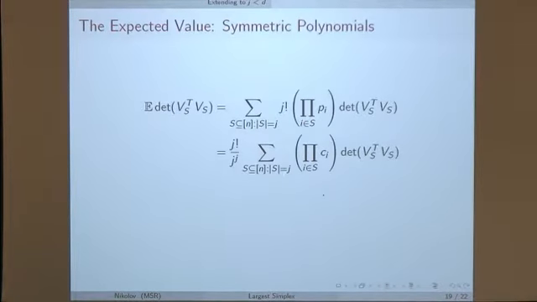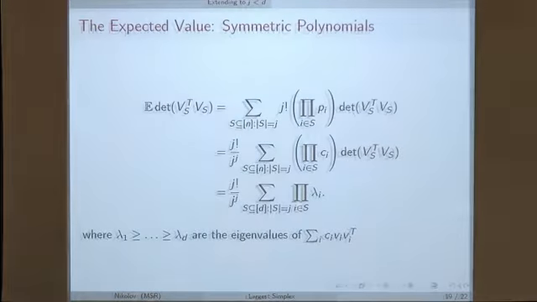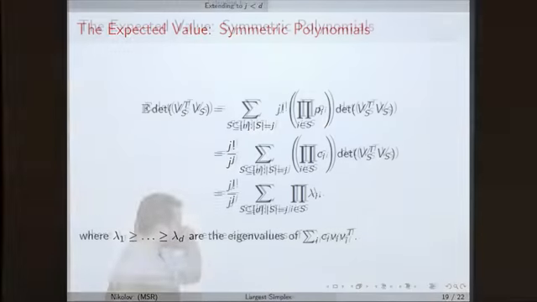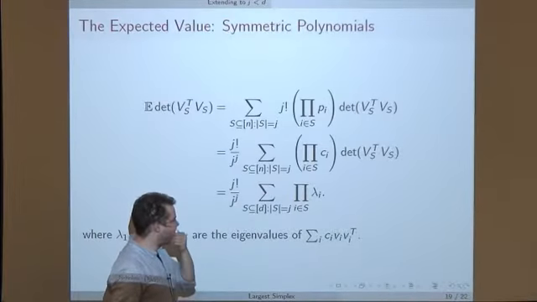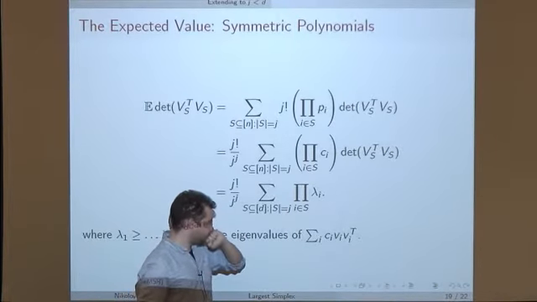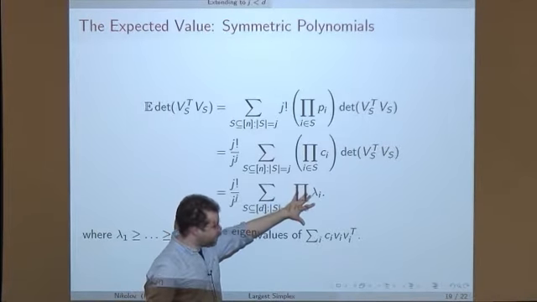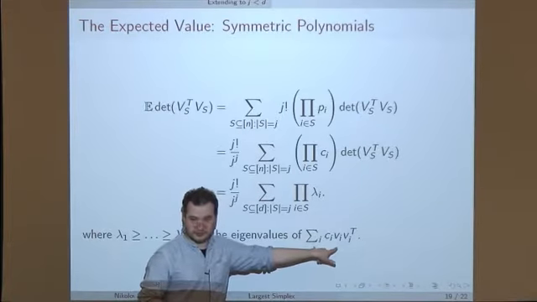Now, before, I had some sort of magic formula that told us what this was in the full dimensional case. Now there's some analog of this, which tells us that this big summation is equal to the degree j elementary symmetric polynomial evaluated at the eigenvalues of this matrix that we've seen before.